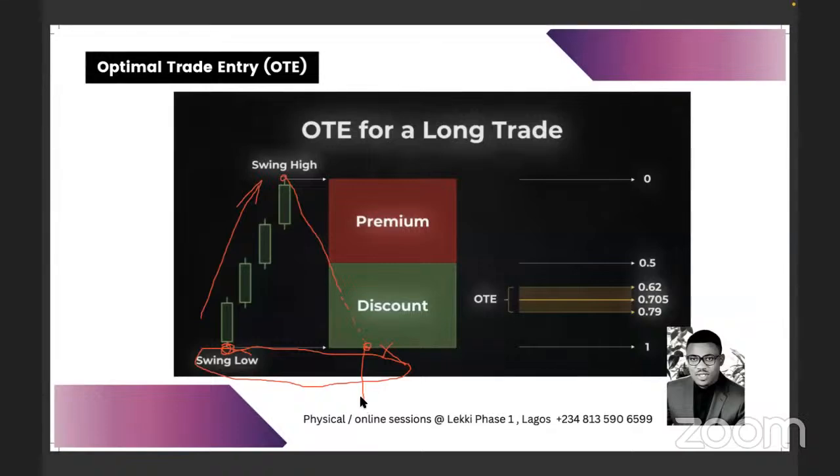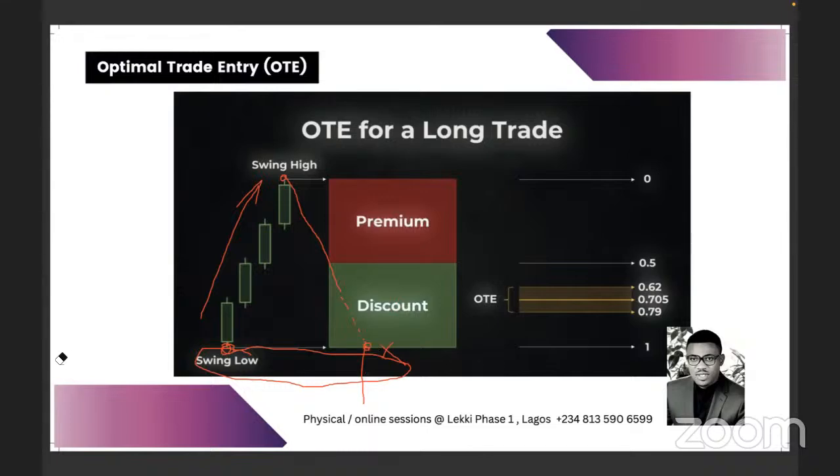Sometimes they'll push it down very quickly, hit all the stop losses and push it upward very fast. So you don't start buying from that swing low area. It is not an optimal trading area. Some people can buy there and make profit. It's called fluke, it's called luck. That day, the market makers did not want to wound you.